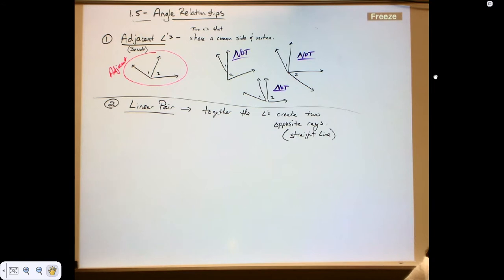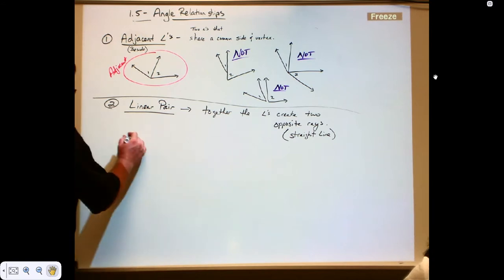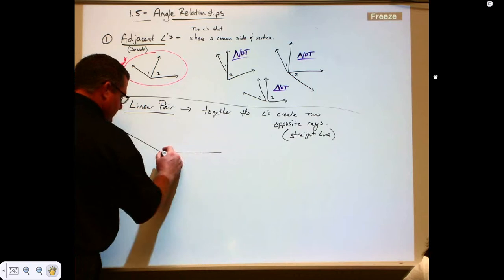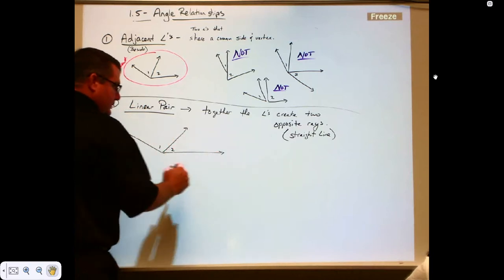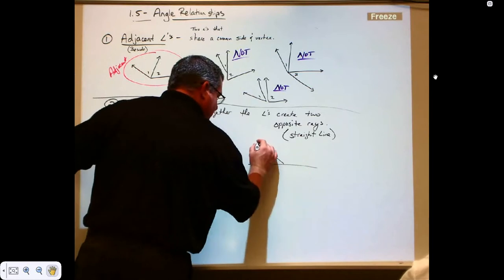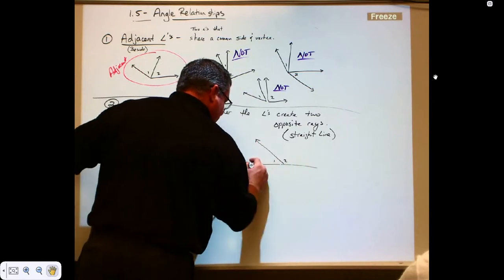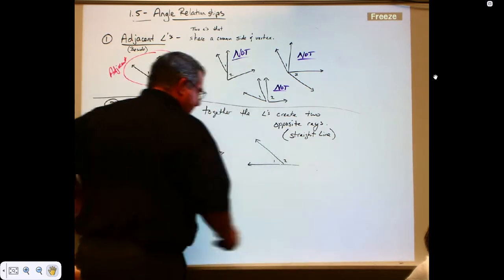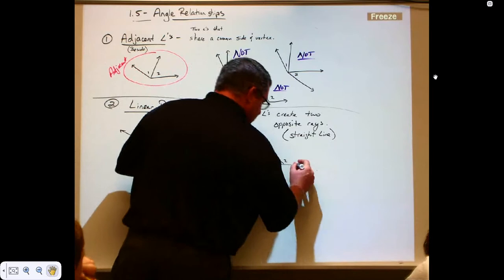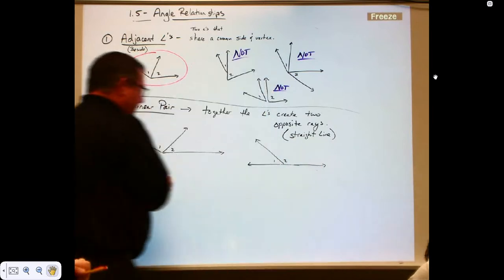Yes. So, which one of these is a linear pair, which one of these isn't? Assume that my lines are straight when they look like they're straight. The second. Right. The one on the right is a linear pair. Why? Together they create a straight line, don't they? Think of it like this.